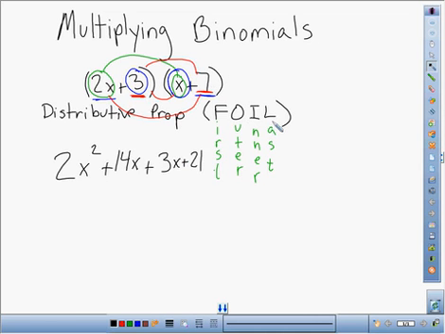One thing that you want to watch for when multiplying binomials, though, is that these two middle terms here, when you follow FOIL, notice that they're like terms, 14x and 3x. Because they are like terms, we do have to simplify and put them together. We can't leave it like this. So 2x squared is not going to change, but 14x plus 3x is going to become 17x.